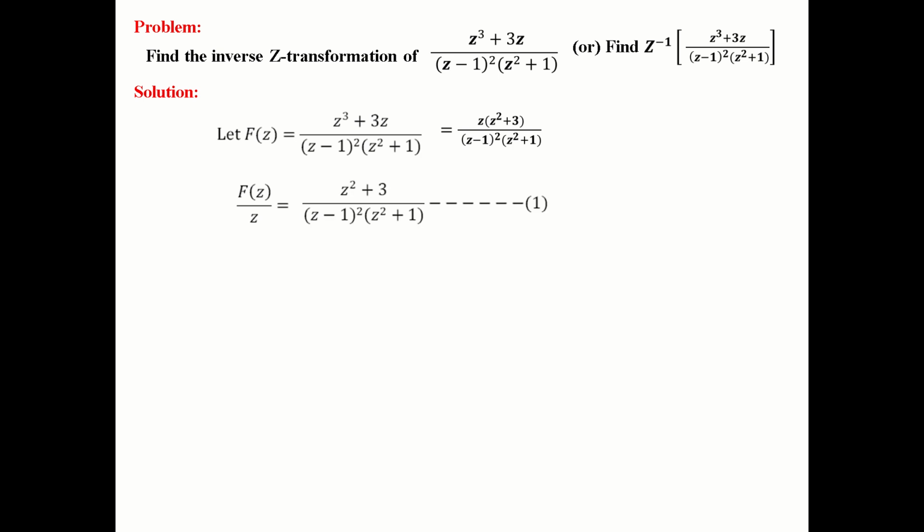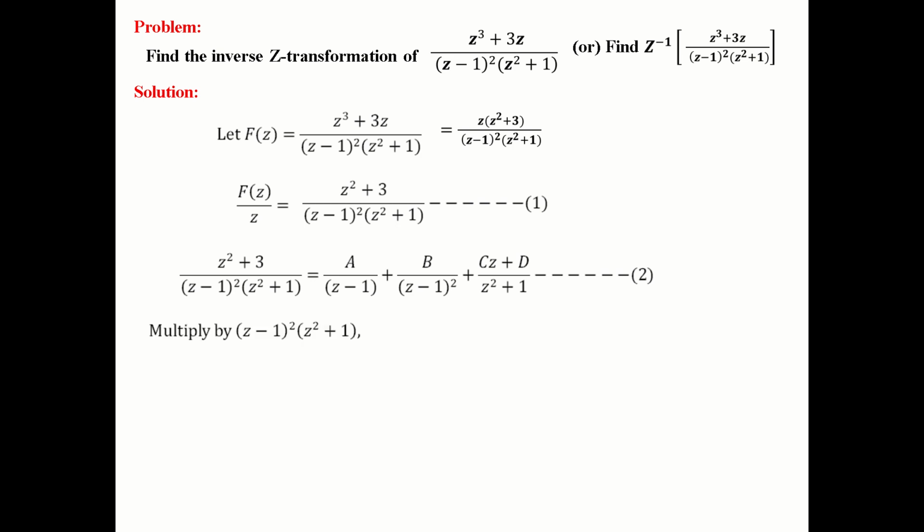Now by partial fraction, (z square plus 3) by (z minus 1) square into (z square plus 1) equal to A by (z minus 1) plus B by (z minus 1) square plus (Cz plus D) by (z square plus 1). That is equation number 2.